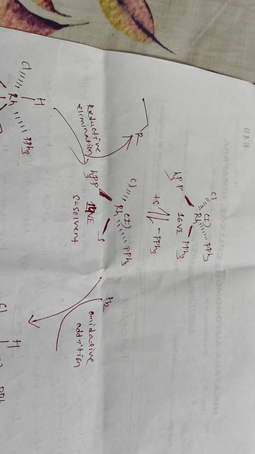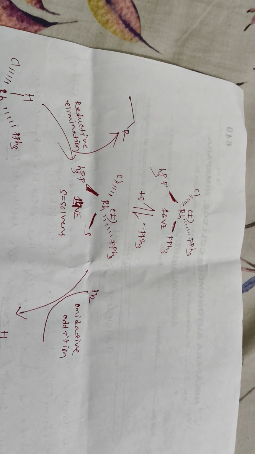Then go to the next step, which is very, very important. If you look at the reaction, how the hydrogenation reaction takes place with the Wilkinson catalyst: the Wilkinson catalyst RhCl(PPh3)3 has 16 valence electrons. Then you add the substrate.